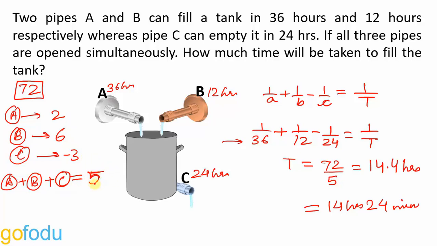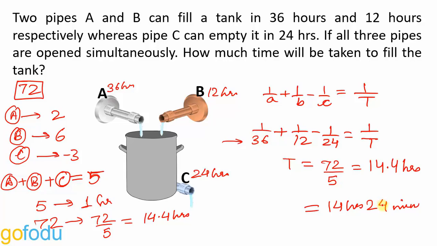So 5 units of work is done in 1 hour when all three work together. 72 units, the total work, will get done in 72 upon 5, that is 14.4 hours or 14 hours 24 minutes. You will find nothing new in pipes and cisterns if you have already understood the LCM approach and unitary approach properly.